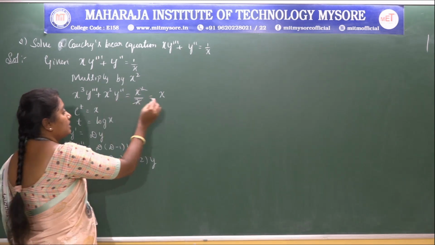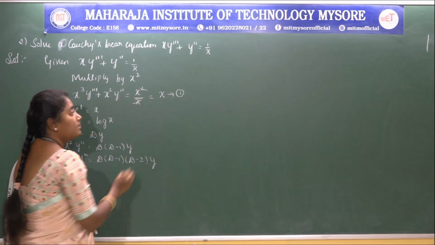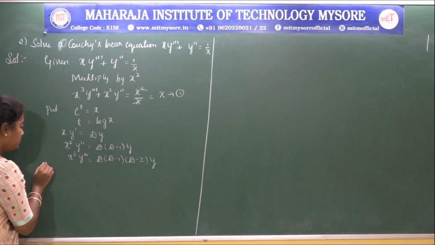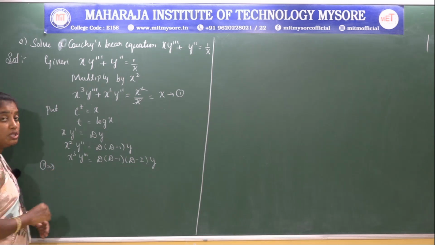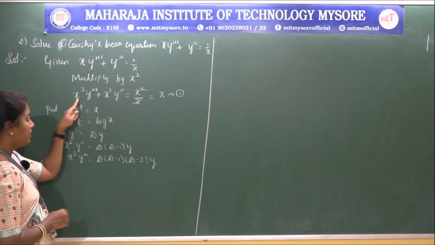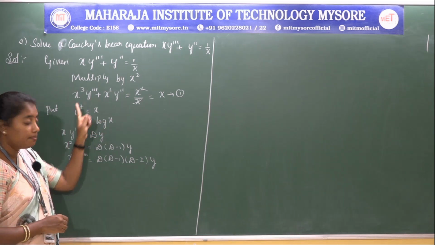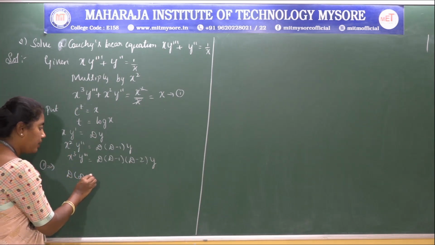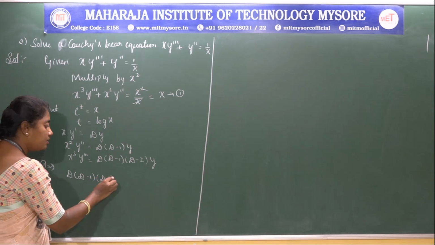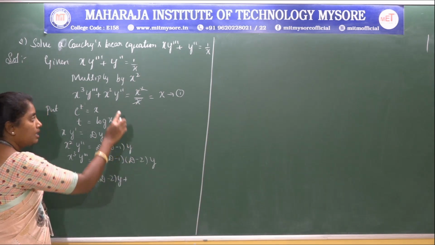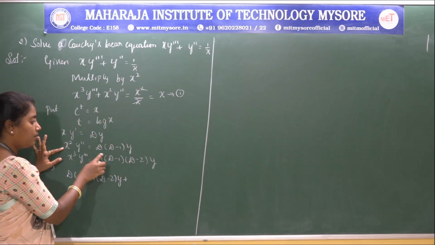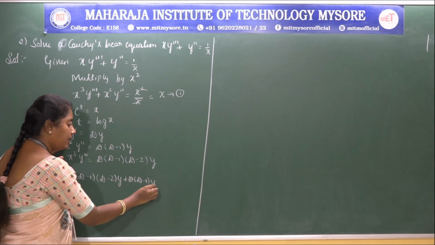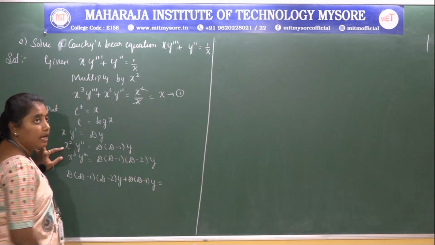Let us represent this obtained Cauchy's linear equation as equation number 1. After writing the substitution, let us substitute all these values in equation 1. x cube y triple dash is D(D minus 1)(D minus 2) of y, plus x square y double dash, which is D(D minus 1) y, is equal to x.